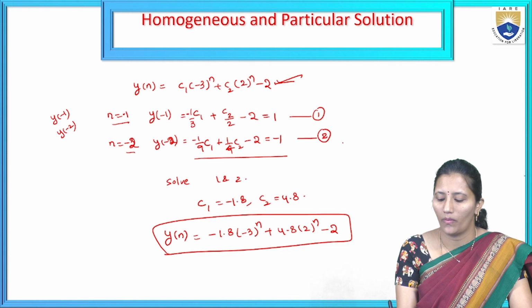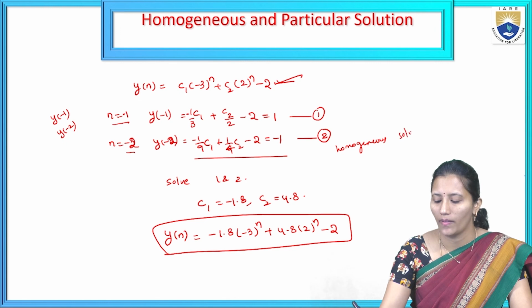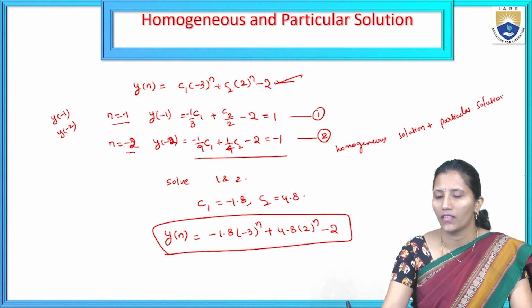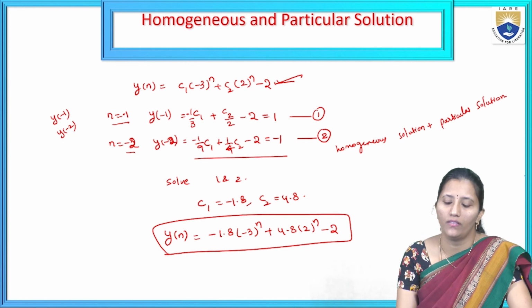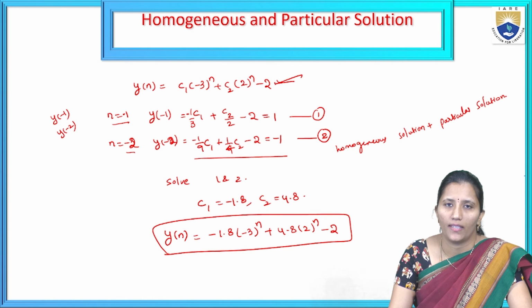We have to find the homogeneous solution plus the particular solution, and solve for the constants C1, C2 and K using the initial conditions to find the total response. So this is the total time domain analysis of the discrete time system.